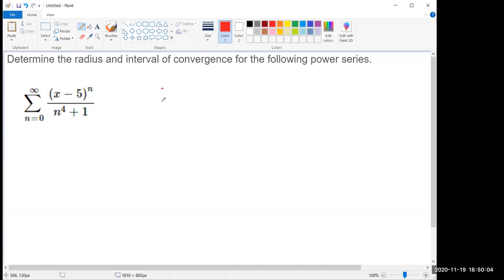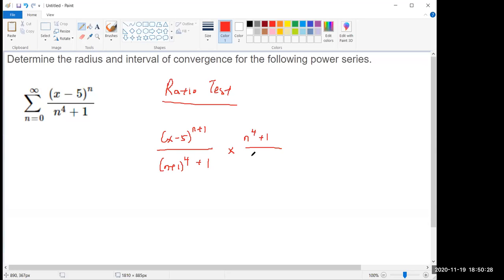So let's find a limit here for the ratio test. Let me just write what we're doing, ratio test. So we're going to have (x minus 5) to the n plus 1 divided by (n plus 1) to the 4th plus 1, times the reciprocal, and then (x minus 5) to the n.